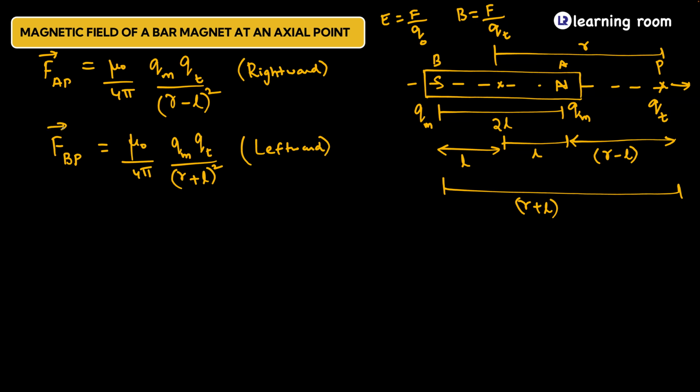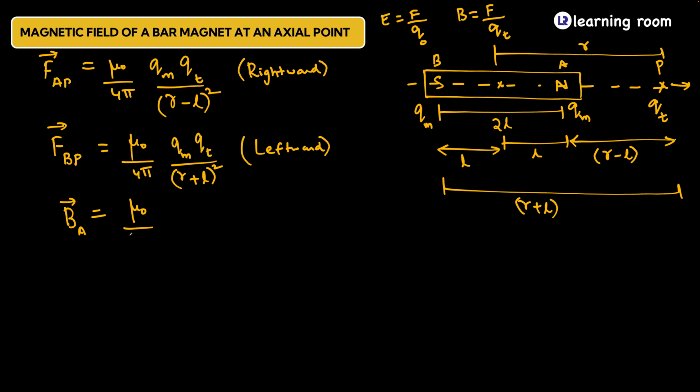Right. So what about the magnetic field that is generated due to the pole at point A? What am I supposed to do? I need to divide this with the test pole strength. When I do that, the pole strength of the test pole will get cancelled. So what will be left out?